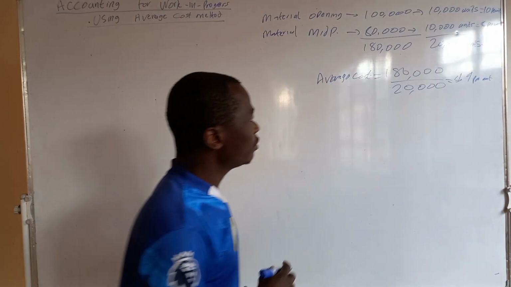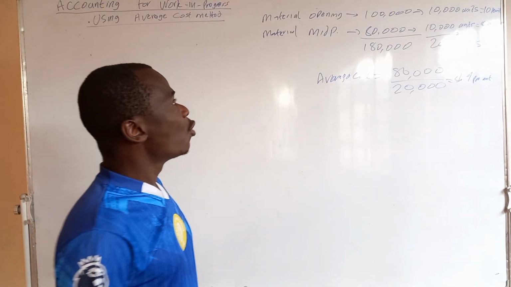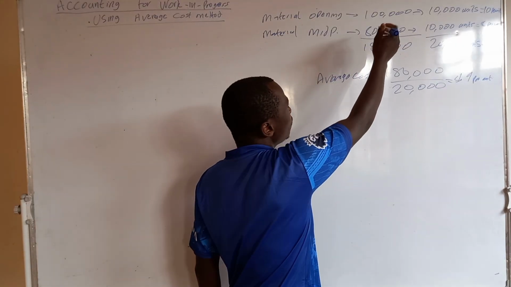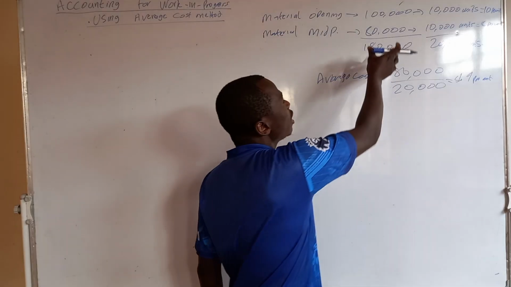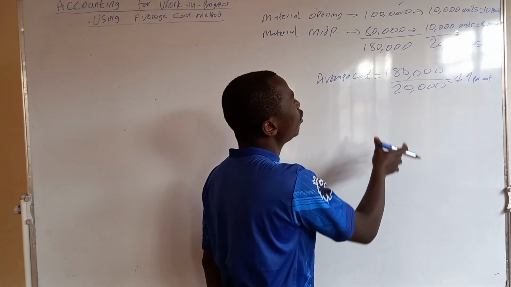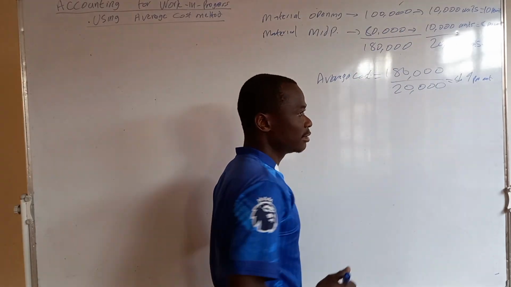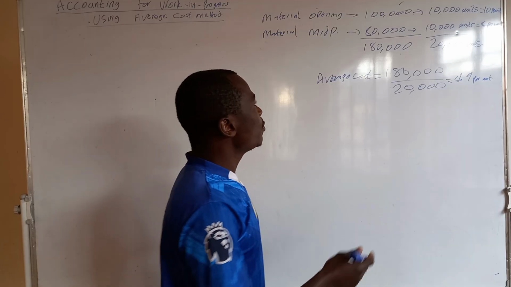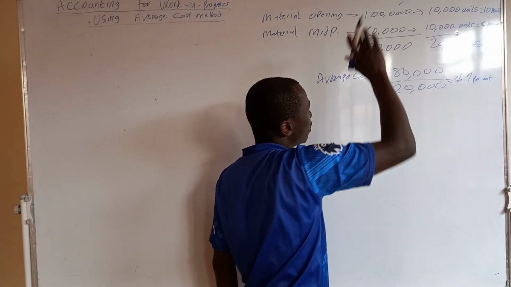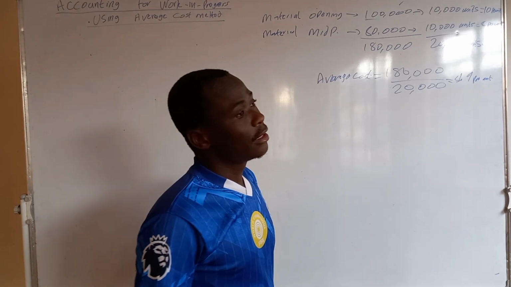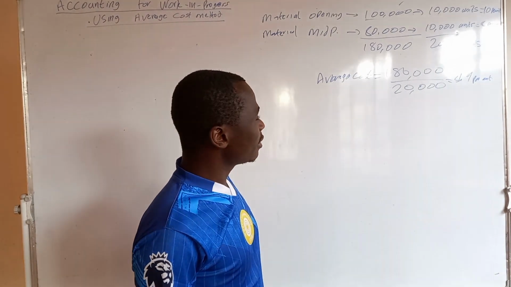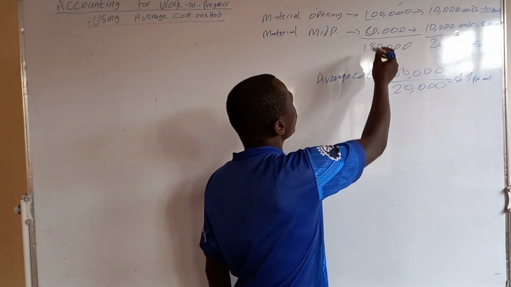In FIFO, if this came in first, we make sure that we use this first before using this. In our process, we use this first, and then at a later date, we use this.